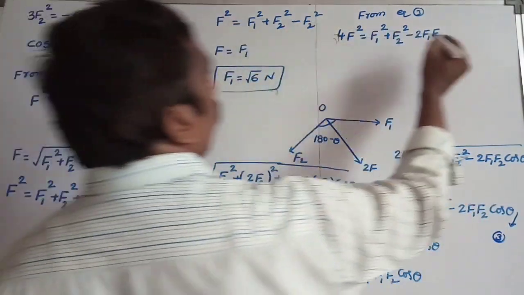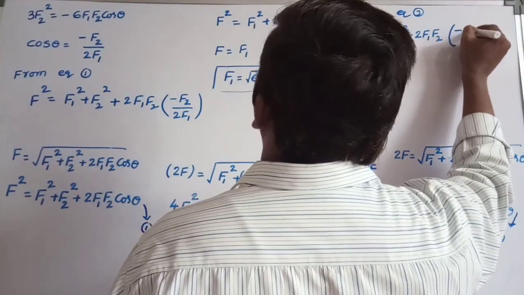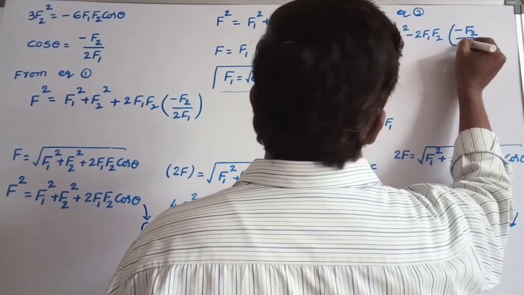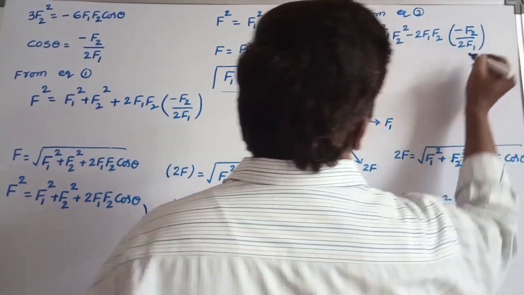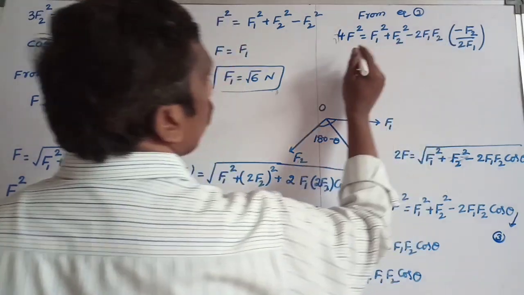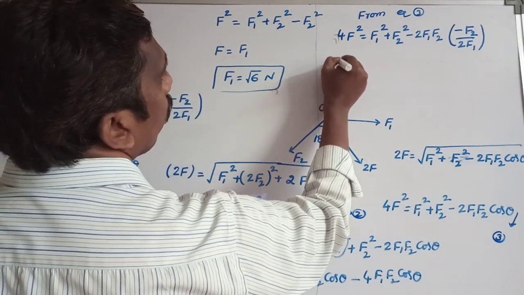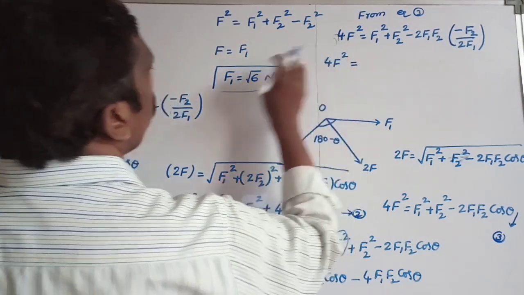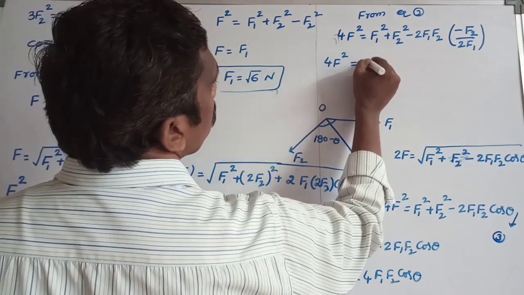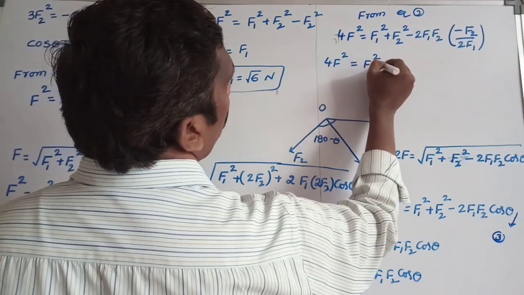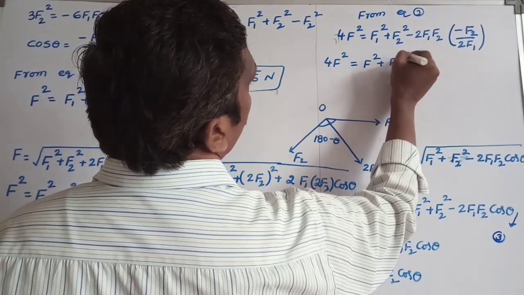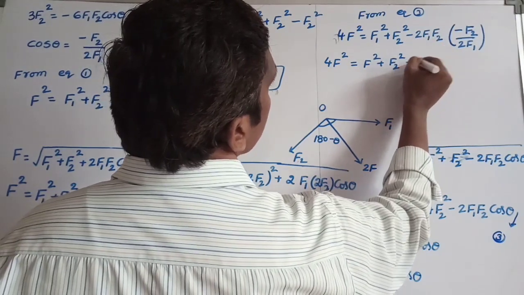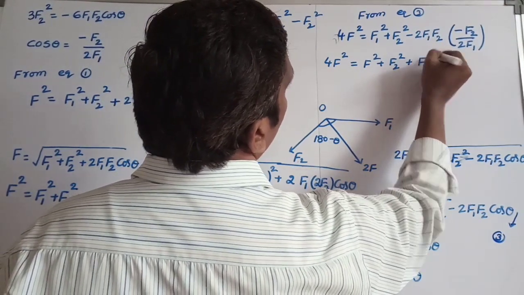Cos theta is equal to minus F2 by 2F1. 2F1 gets cancelled. 4F square is equal to, F1 is equal to F, so that's why F square plus F2 square, minus into minus becomes plus F2 square.